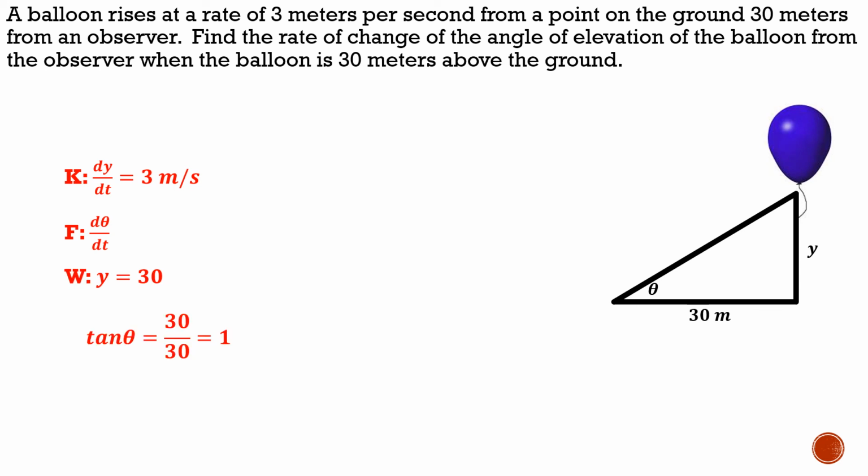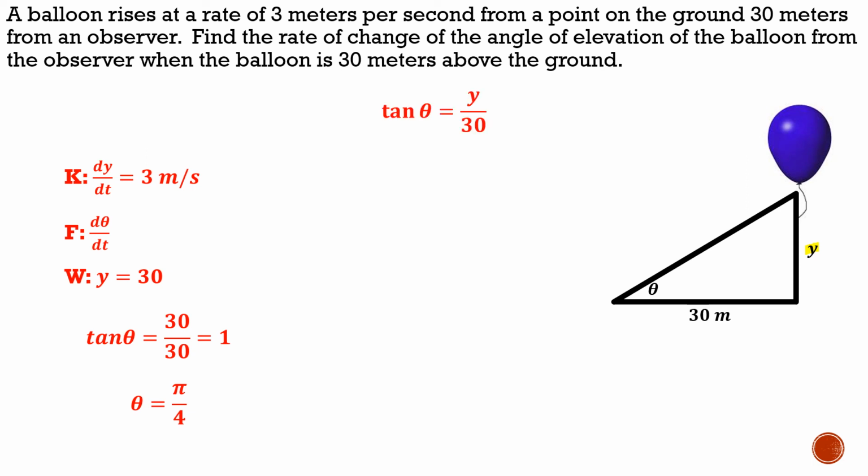Now, if the distance on the ground is 30 and y is 30, I can set up a ratio using SOHCAHTOA to figure out my theta. Tan theta is opposite over adjacent, 30/30, so tan theta equals 1, which means theta, using my unit circle, has to be pi/4.